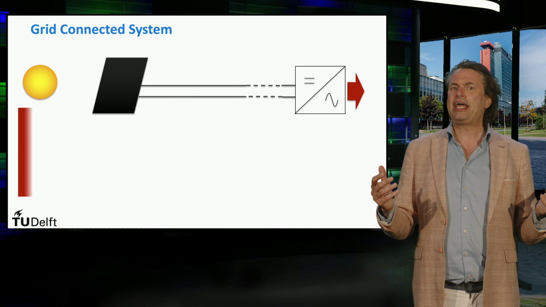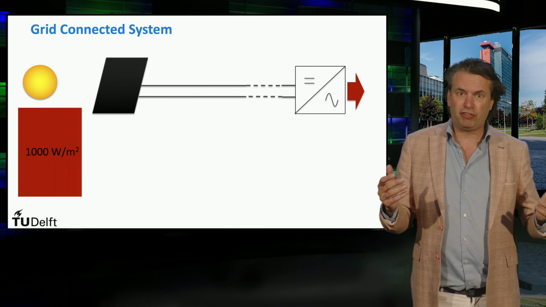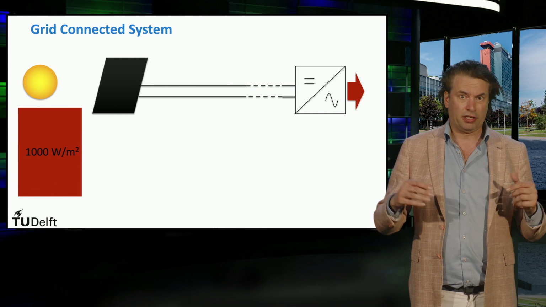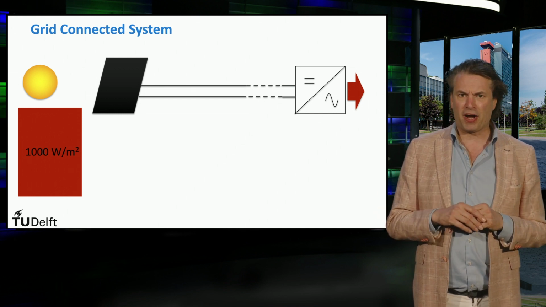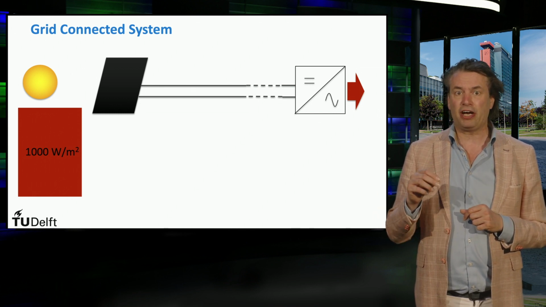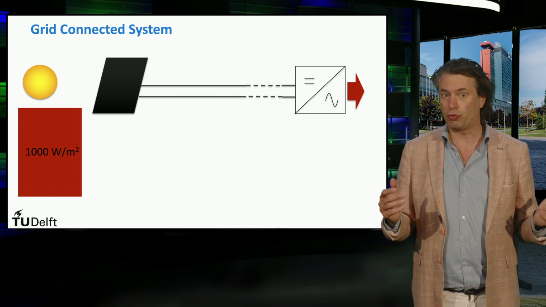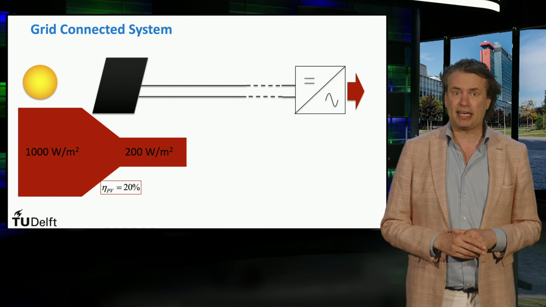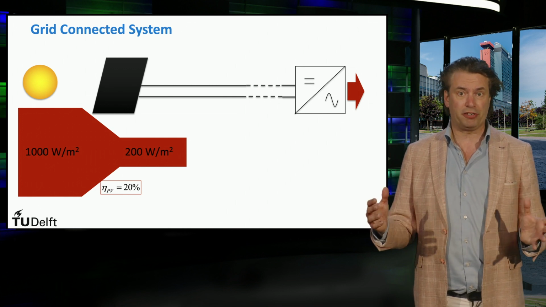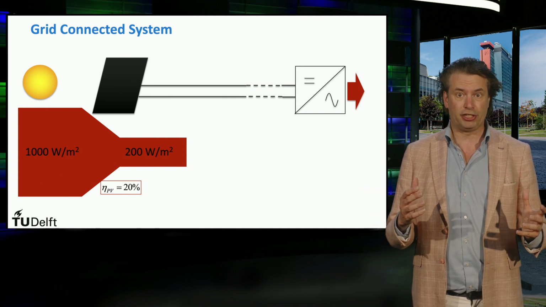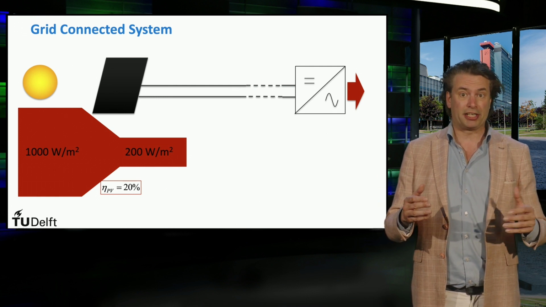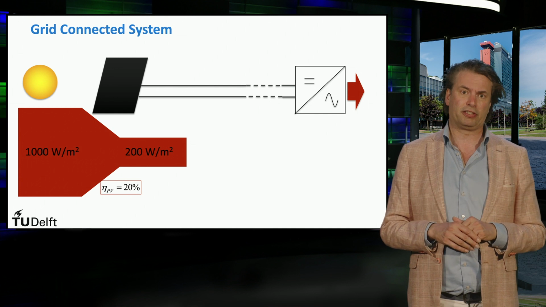Let's assume AM 1.5 irradiance levels and that the PV array is 20% efficient. Therefore, the power density present at the output of the PV array is 200 watts per square meter. As the balance of systems could be placed at a considerable distance from the PV array due to the fact that inverters need to be well protected, it might be that the DC power loss in the cables is significant.